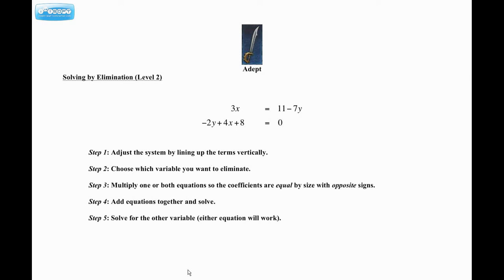So let's go over here. So the system was 3x equals 11 minus 7y. So let's line everything up. So that's going to give me 3x plus 7y equals 11. Okay.